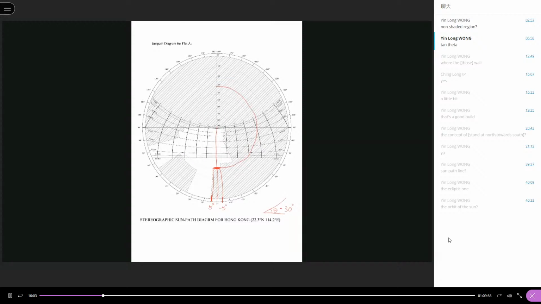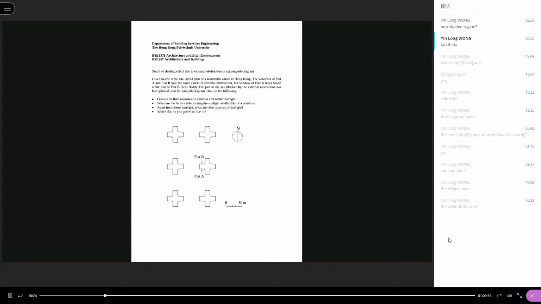So for this sector, this part of the sky with a theta angle less than 30 will be non-visible, or invisible, to flat A.